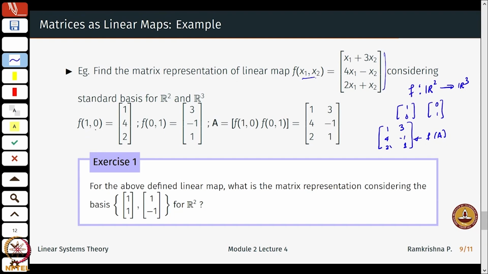Okay. Now, how does f of 1 comma 0 translate on this side? So, I just multiply this matrix A by the vector 1 0, and I will get the first column of this, 1 4 2. Similarly, f of 0 1 will transform this way. I will just get the second column, 3 minus 1 and 1. Okay.